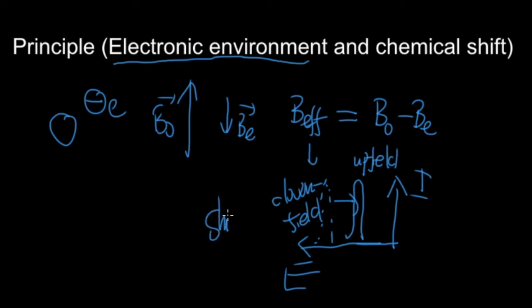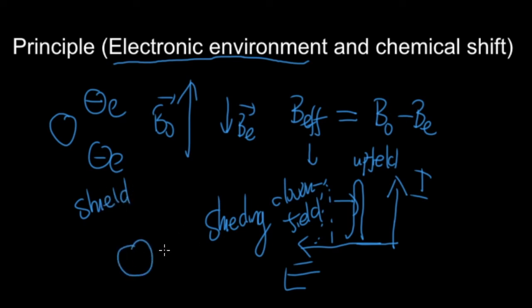This effect is called the shielding effect. And the nucleus with many electrons around it is called shielded, and the nucleus alone is called deshielded.